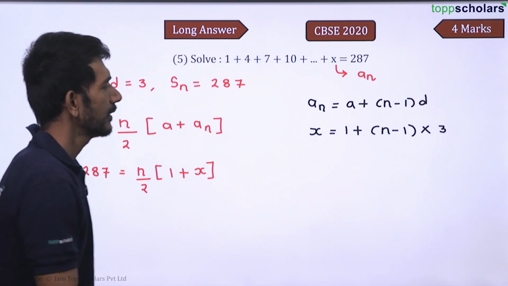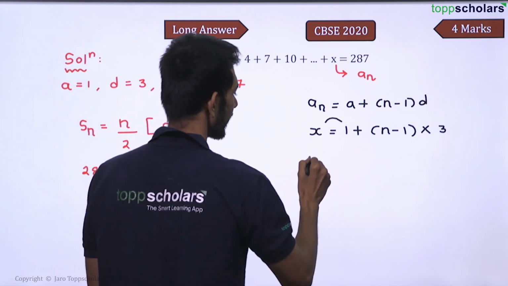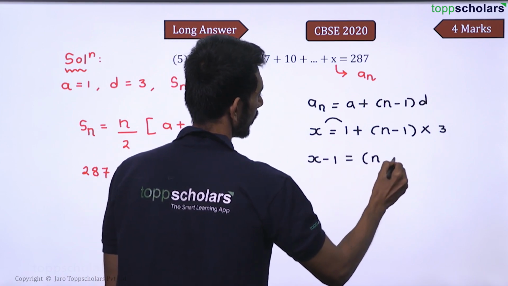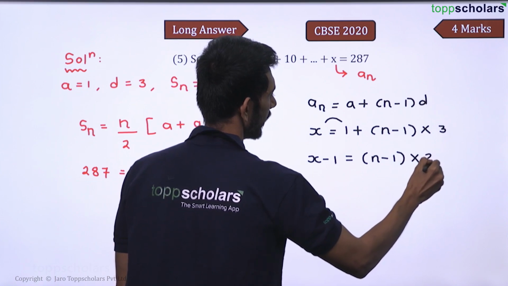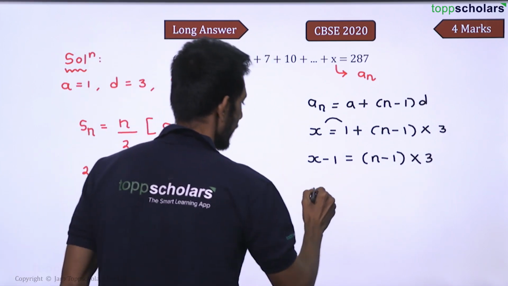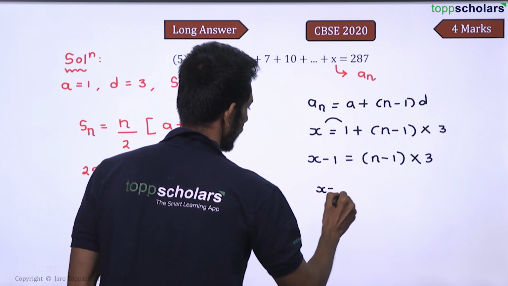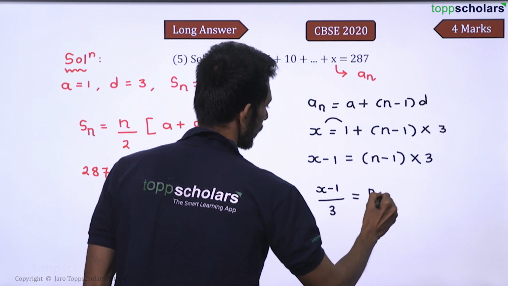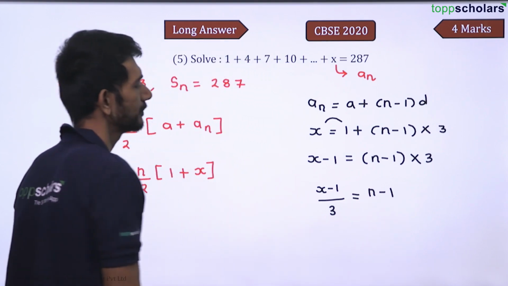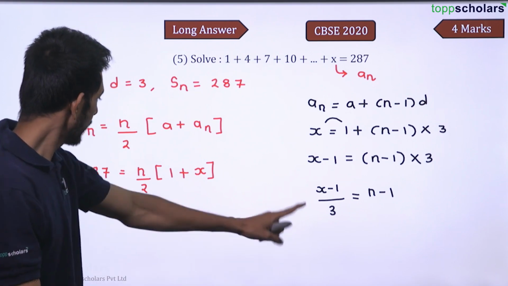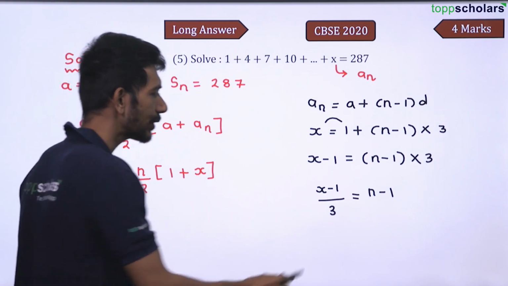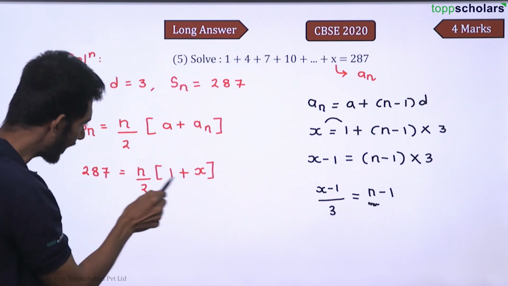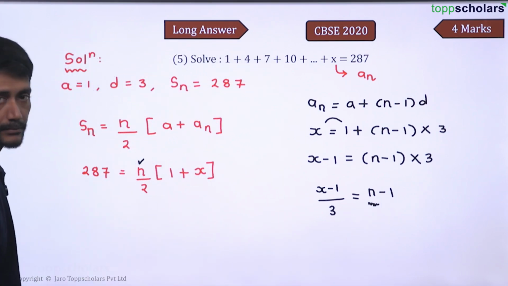Correct? Now if I transpose 1 to the left hand side, I get x minus 1 is equal to n minus 1 into 3. I can take 3 down. So can I say x minus 1 by 3 is equal to n minus 1. Now from here, I'll find out the value of n in terms of x so that I can put that value of n over here. Correct?